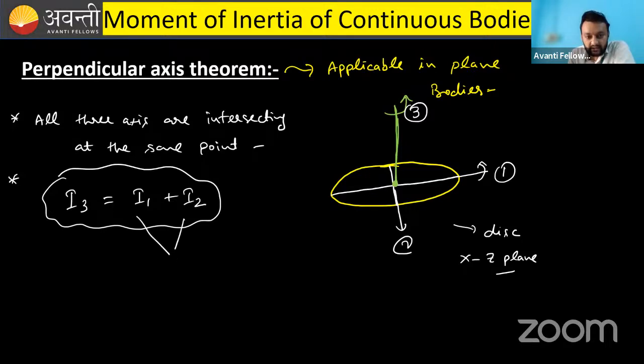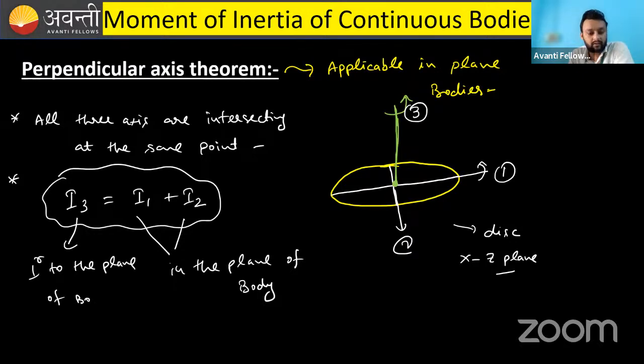And these two axes are in the plane of the body. Now we need to apply these things very quickly. Remember one thing, I3 is equals to I1 plus I2, where I3 is the moment of inertia about the axis which is perpendicular to the plane. Now we will do it with some questions.